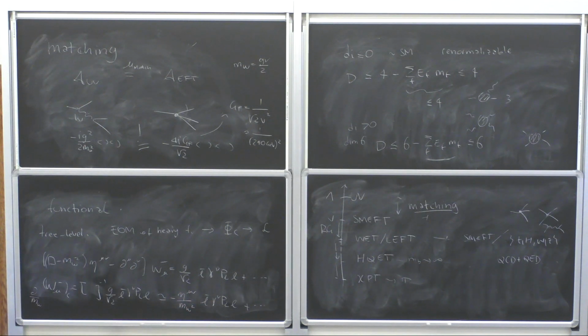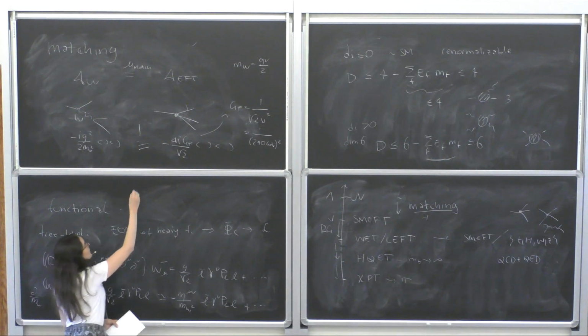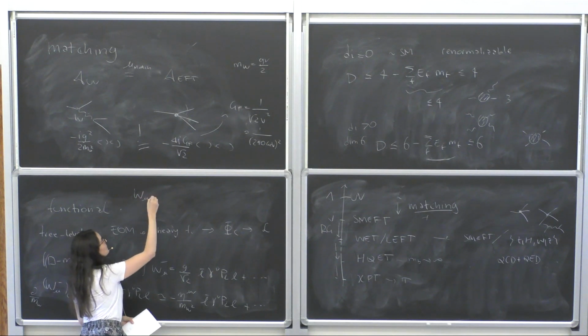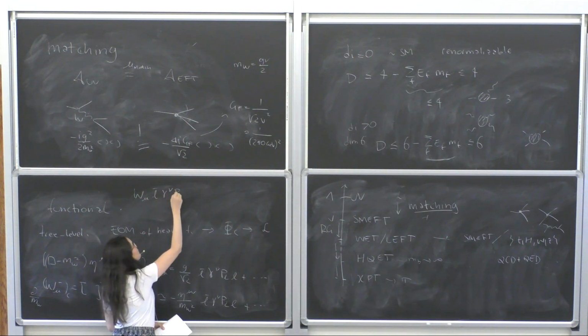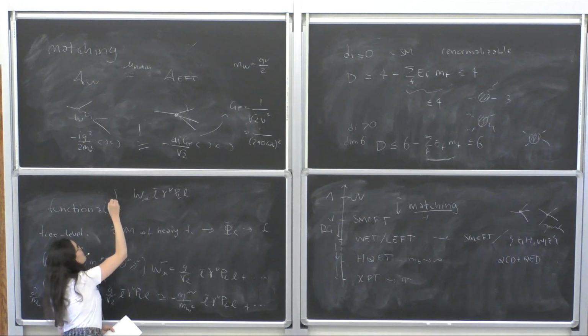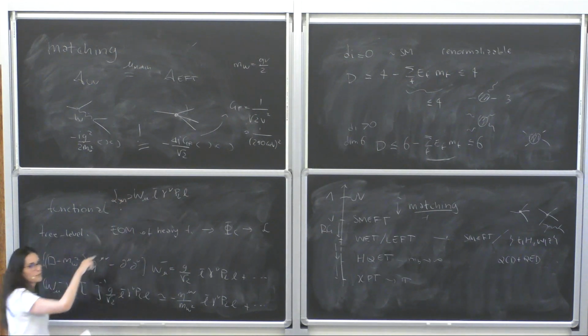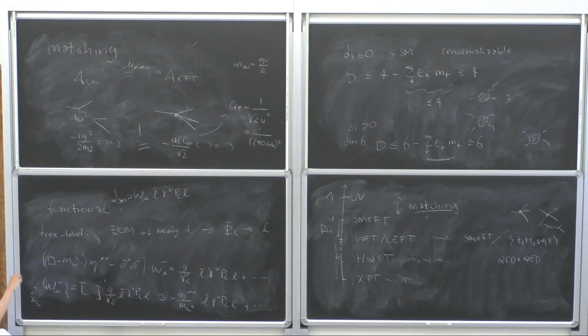So your classical solution of the W is really like an eta mu nu and the current and mW squared. What happens is that this came from the Standard Model Lagrangian, where you had interactions that were like this in the original Lagrangian, right? So you take the equation of motion, you solve it, you take the classical solution, and you stick it back in.